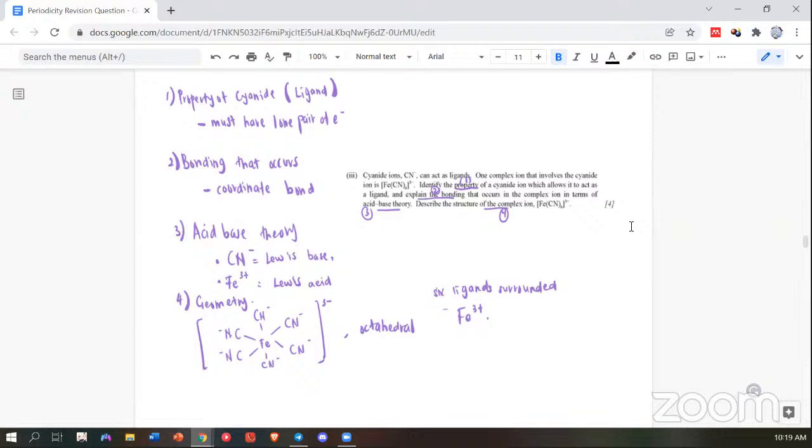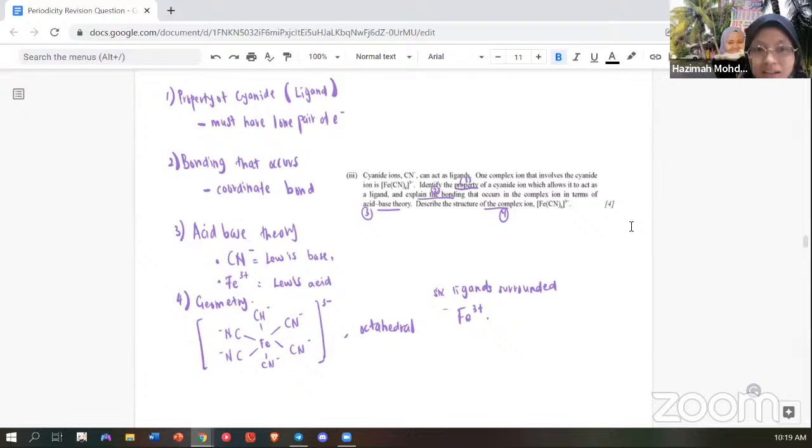Faham. Second, dia nak explain the bonding that occur. Okay, so bonding apa yang occur between cyanide ion ni dengan Fe tadi. Okay, so kita tahu yang bonding occur is coordinate bond, ataupun dative bond. Yang ketiga pula requirement dia nak explain in term of acid-base theory.